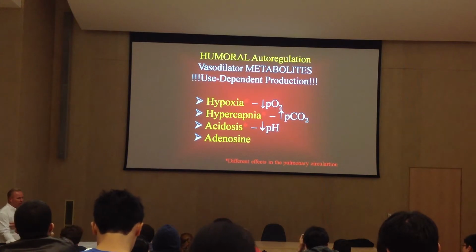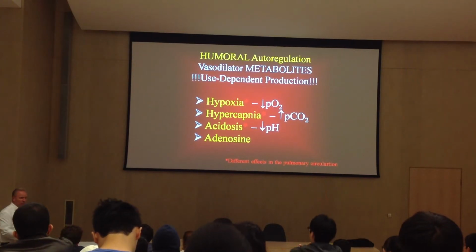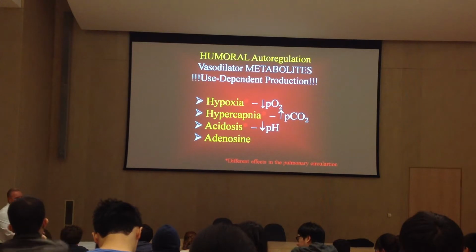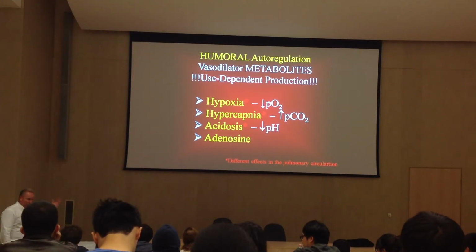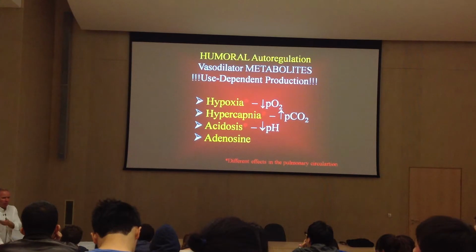I am doing my workout. And during the workout, I'm producing hypoxia, hypercapnia, acidosis, adenosine, several metabolites. They're always labile. So the more I work, the more I produce of them. Therefore, the more blood I need, and they guarantee that I will get more blood since they are doing more and more vasodilation. But if I stop doing physical activity, what happens?